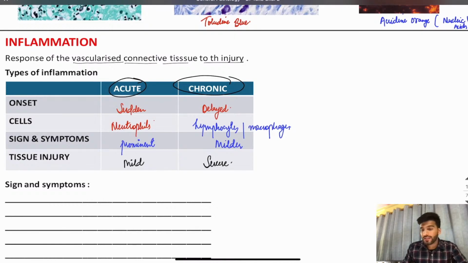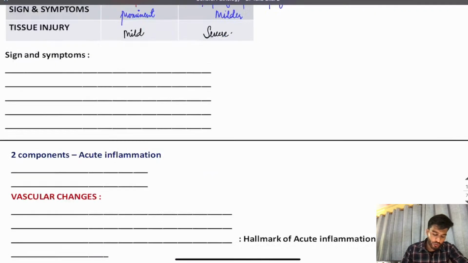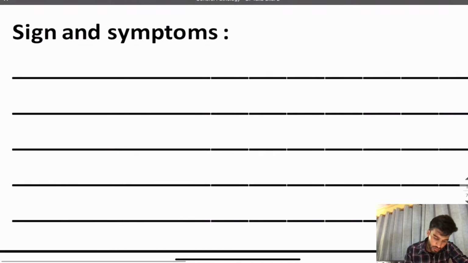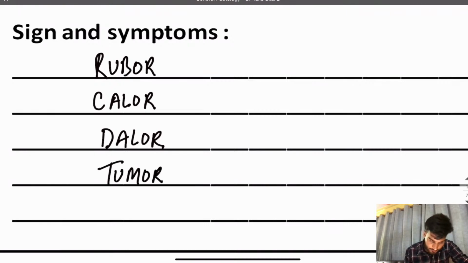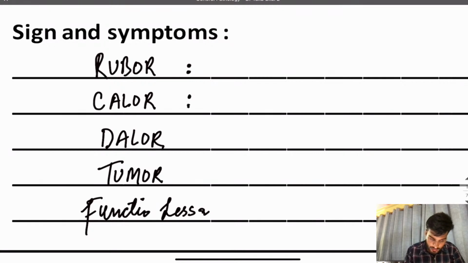Now the signs and symptoms. You already know this from your basic knowledge, from second year: rubor, calor, dolor, tumor, and functio laesa.